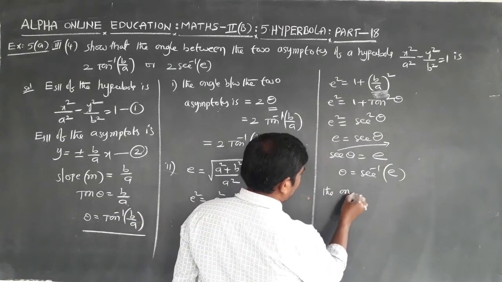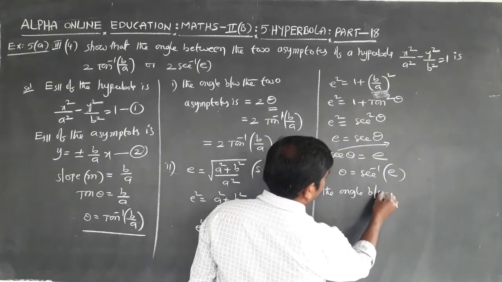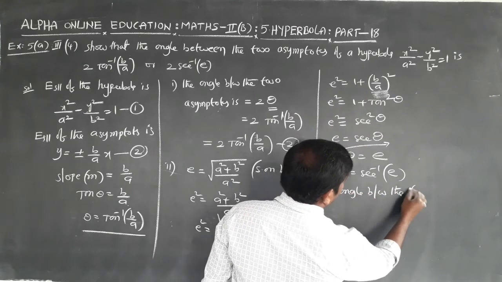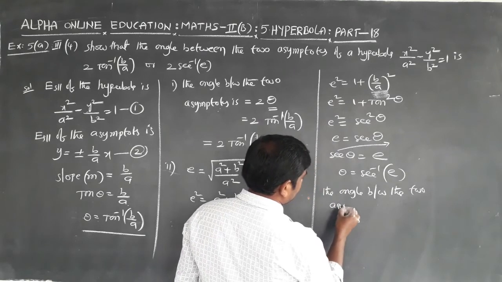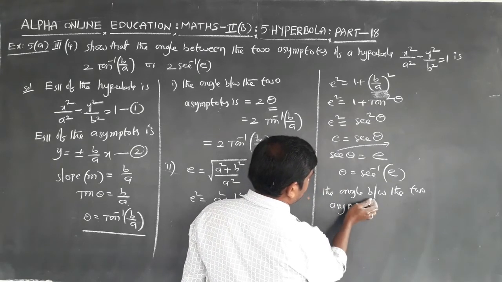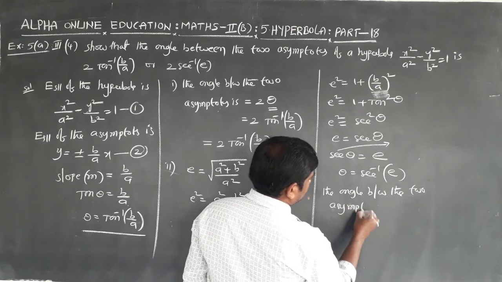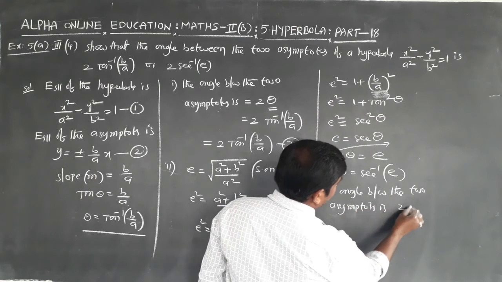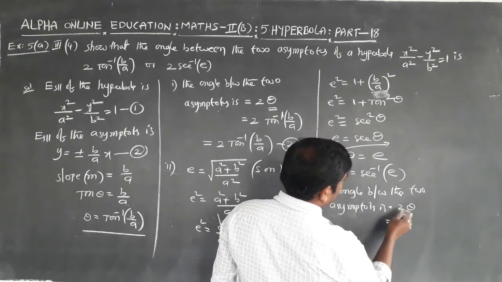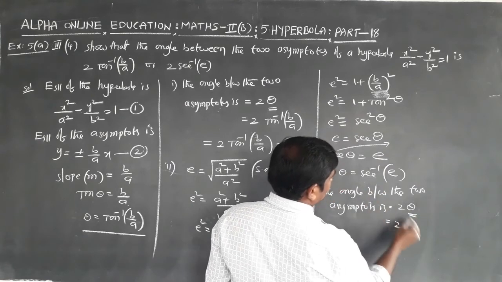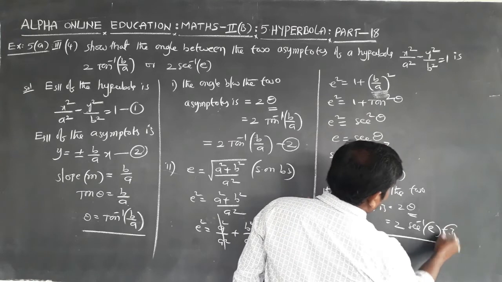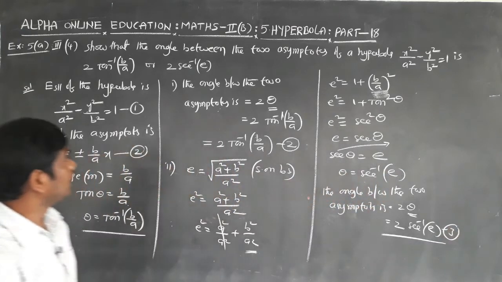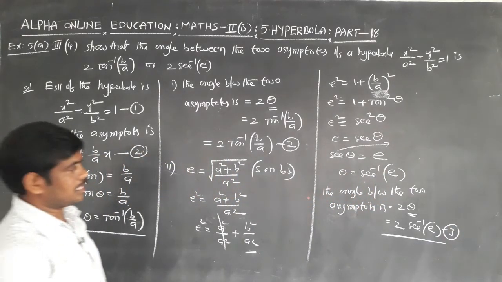The angle between the two asymptotes is 2 theta, 2 into theta. Theta is equal to secant inverse of e, so 2 into secant inverse of e.